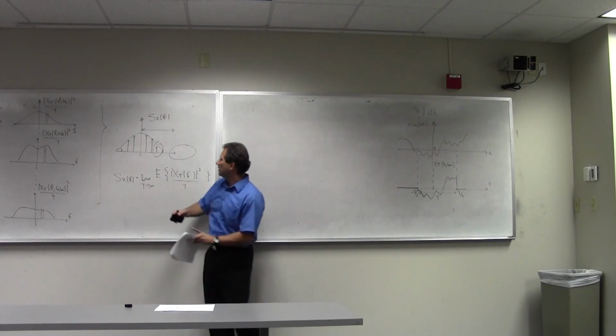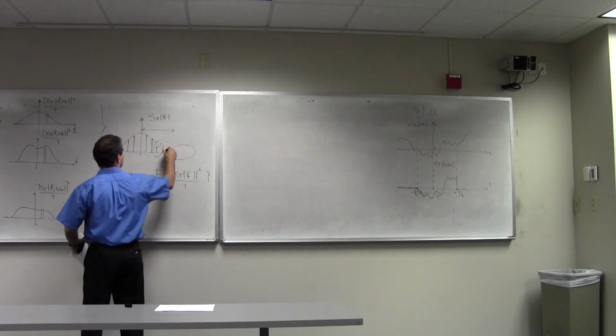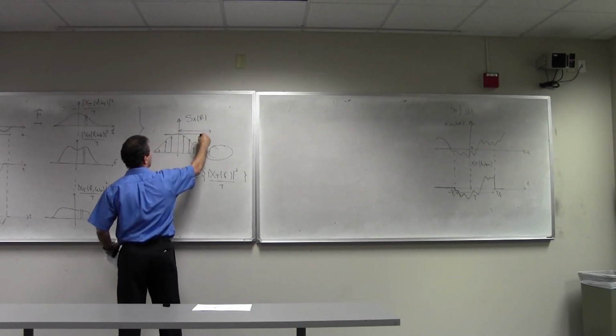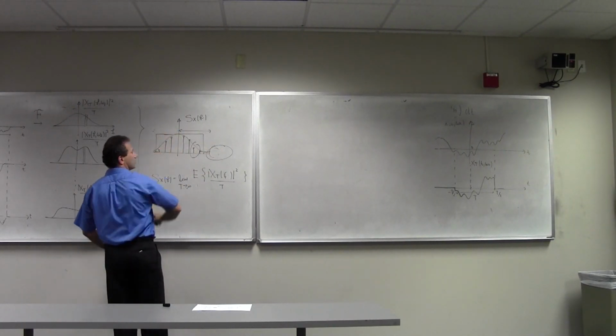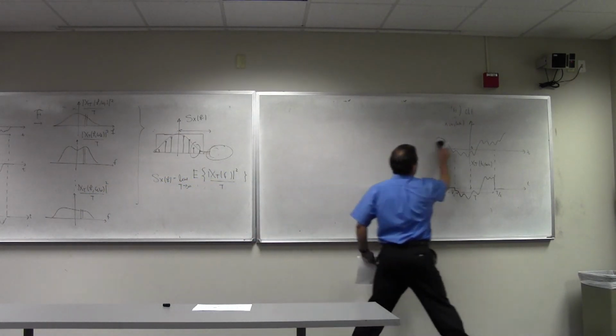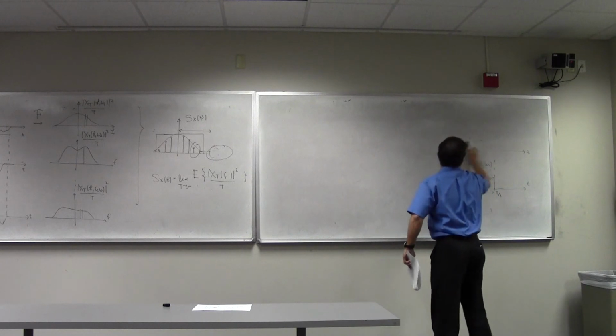If this tapers off like this, maybe this part is so small in energy that I can just say, okay, this is what is important for my signal. So where is the saving?